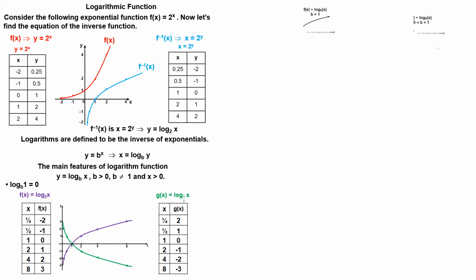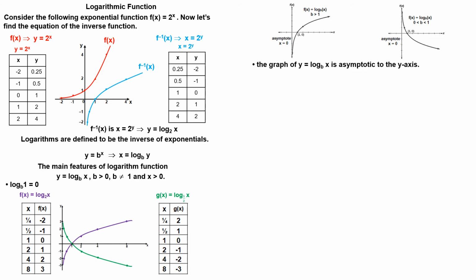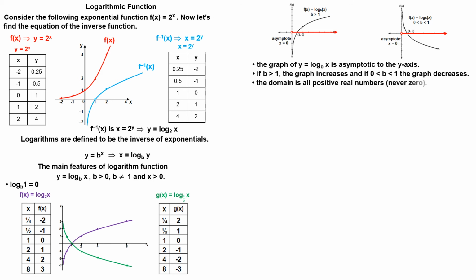You must notice that the graph of y equals log base b of x is asymptotic to the y-axis. If the base is greater than 1, the graph increases. If the base is between 0 and 1, the graph decreases. The domain is all positive real numbers.